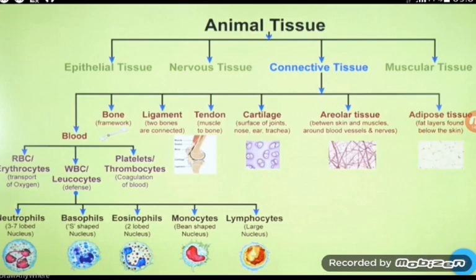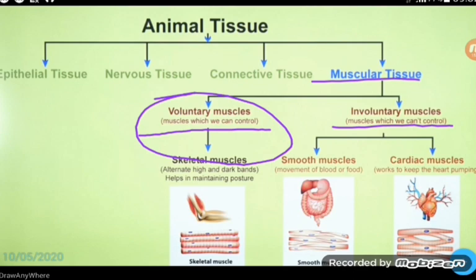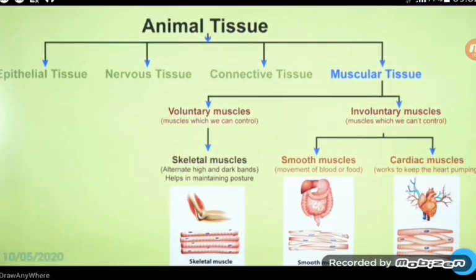And now let's move on to the last tissue, muscular tissue. It is of two types, voluntary and involuntary. Voluntary means which depends on us, and involuntary does not depend on us. Voluntary we can control, involuntary we can't control. The voluntary consists of one type of muscle, that is skeletal muscles.